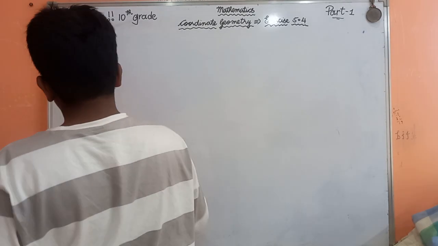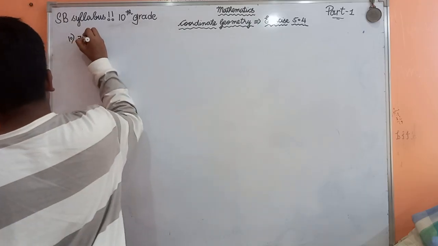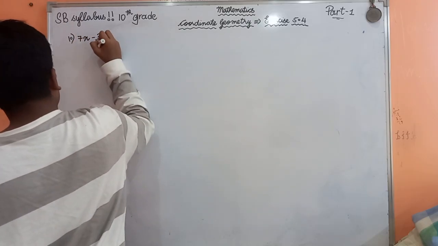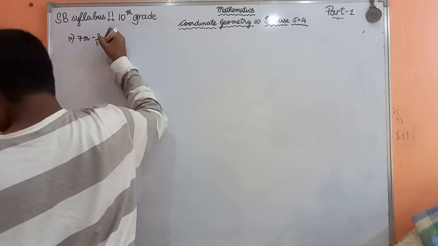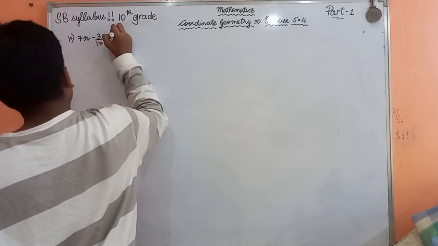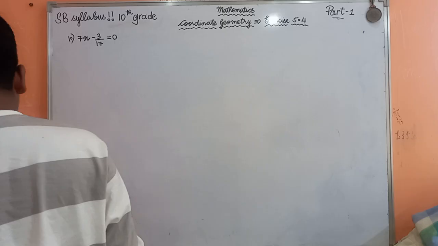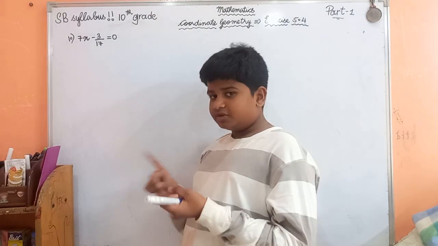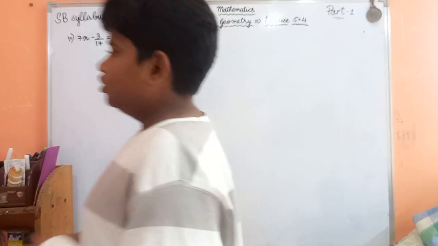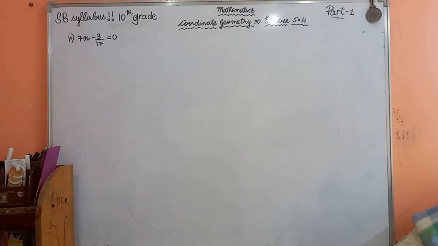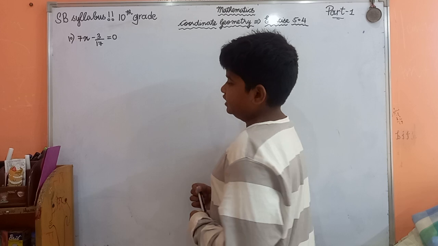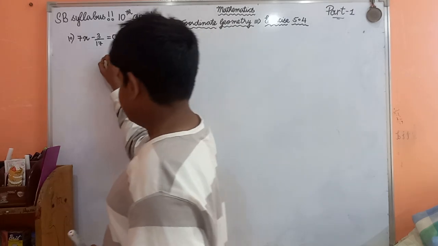Our second sum: 7x minus 3 by 17 is equal to 0. So guys, we have an x, so it's in the format of x, y, z. There is x, but there is no y, and there is z, which we can take as minus 3 by 17.